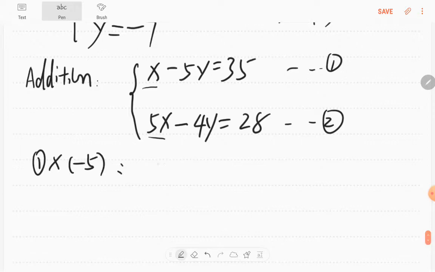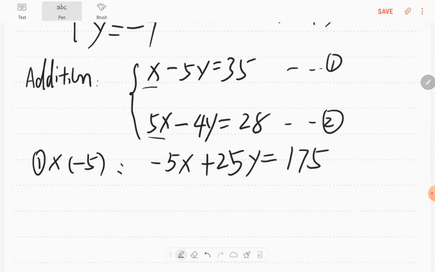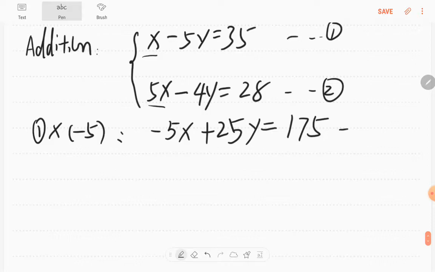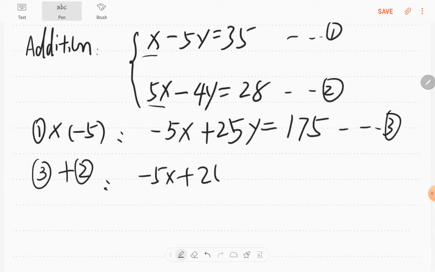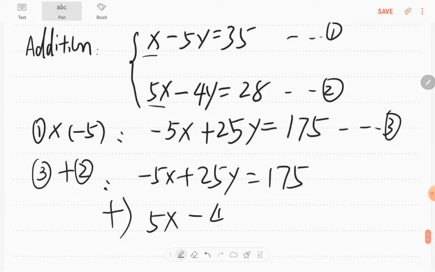Right? So we have equation 1 times negative 5. So you will have negative 5x plus 25y equals 175. Okay, so this we denote by equation 3. Then the equation 3 plus the equation 2. So this would be negative 5x plus 25y equals 175 plus 5x minus 4y equals 28.